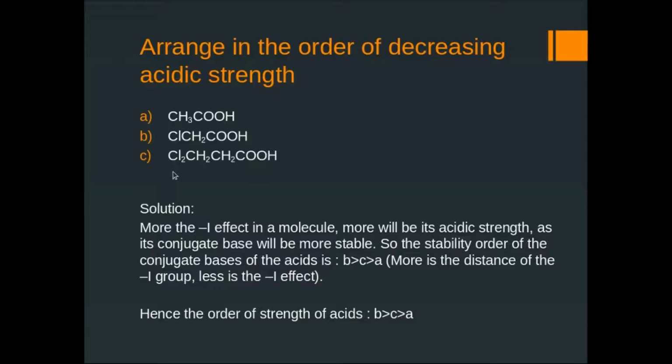The chlorine is at the third carbon, so the inductive effect is decreasing over distance. The pooling of the negative charge density over the entire molecule is less compared to that of chloroacetic acid.